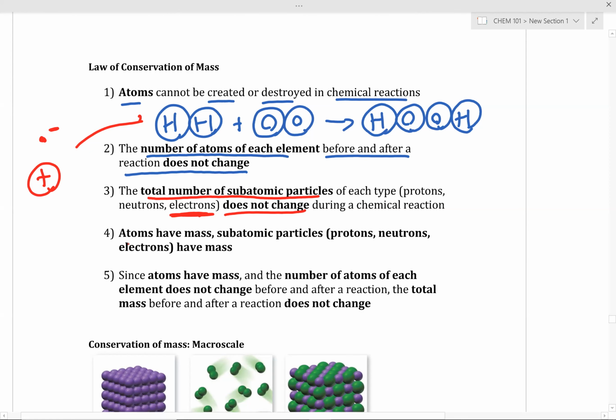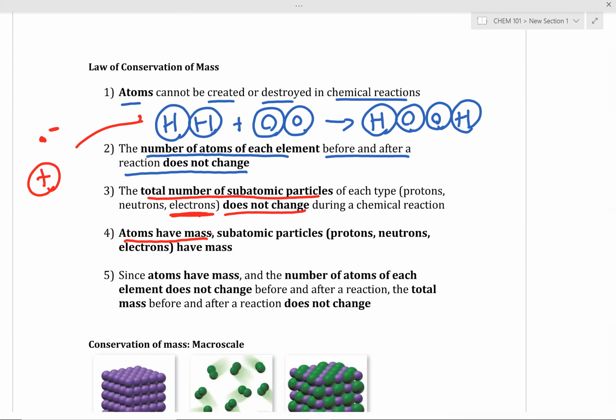Now, atoms have mass, right? We've calculated the isotope mass, which is the mass of a specific atom of a given isotope of an element. Each of these atoms that we've drawn has a mass. Since atoms have mass and the number of atoms are not changing, will the mass also not change?